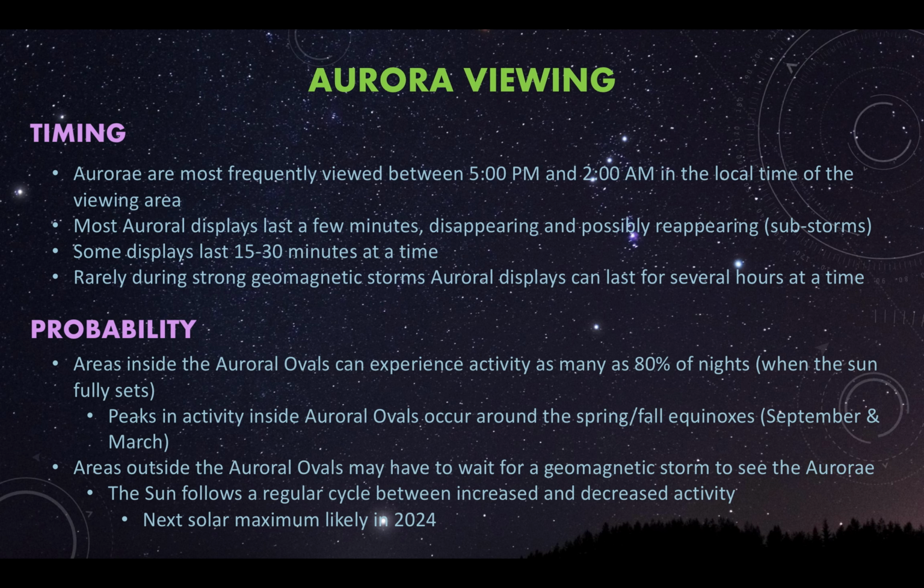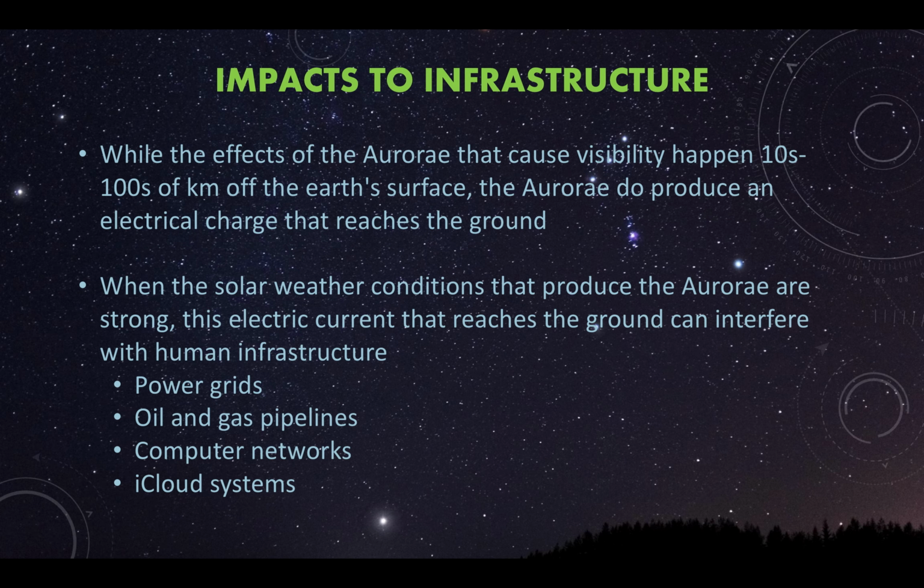Inside these aurora ovals, you can see these on 80% of nights, but the peak times are in fall and spring, specifically September and March. Areas outside the aurora ovals may have to wait for the geomagnetic storms to be much stronger, and the next possible chance of this is in 2024.